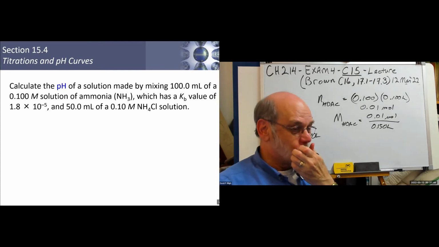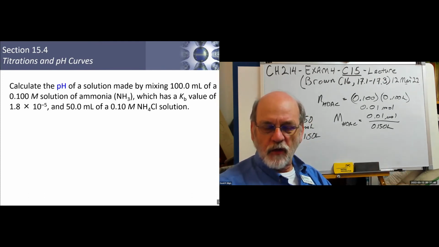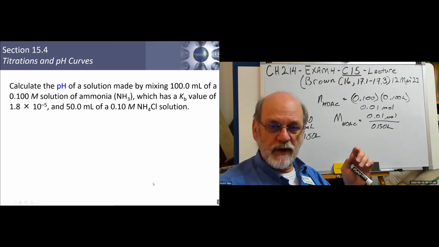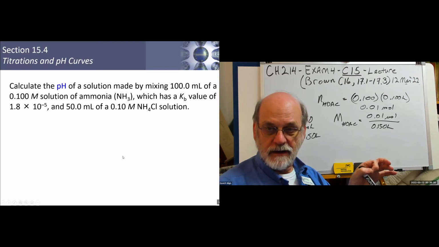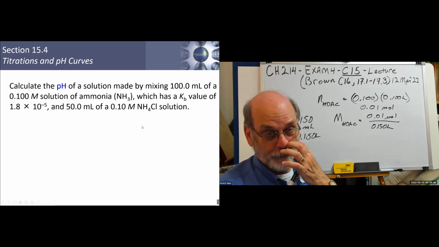Now, we've been talking about buffers up to this point in terms of a weak acid and its conjugate base. But you can also make a buffer out of a weak base and its conjugate acid. And this is an example of just that.